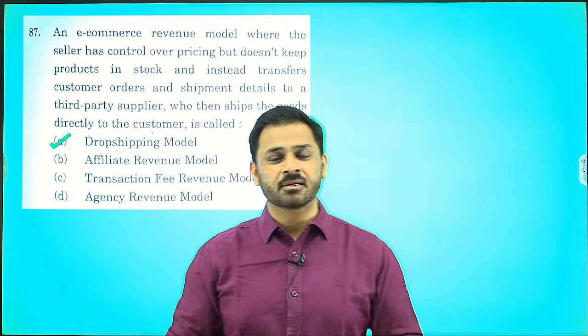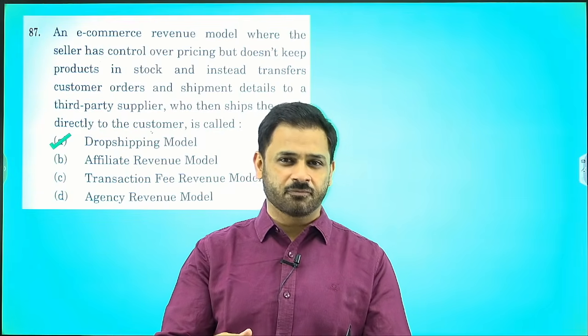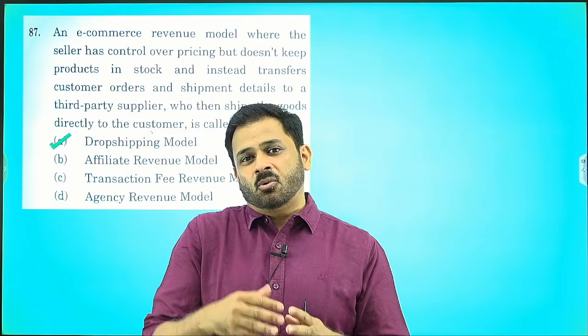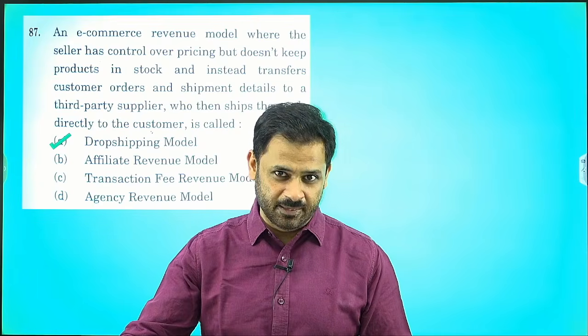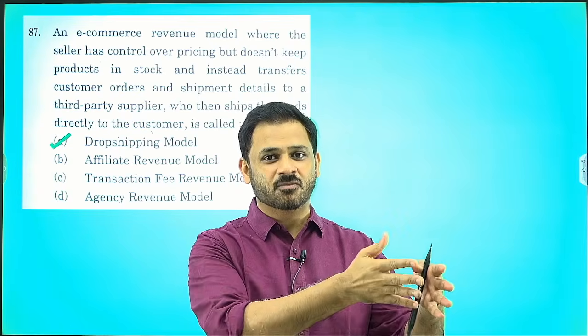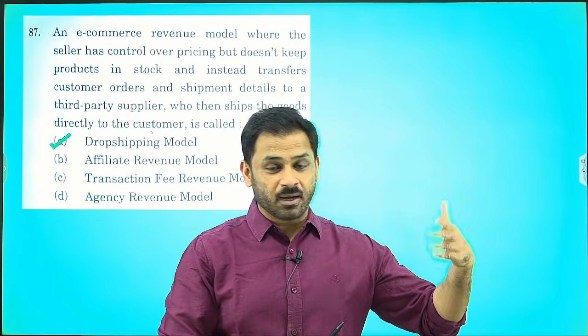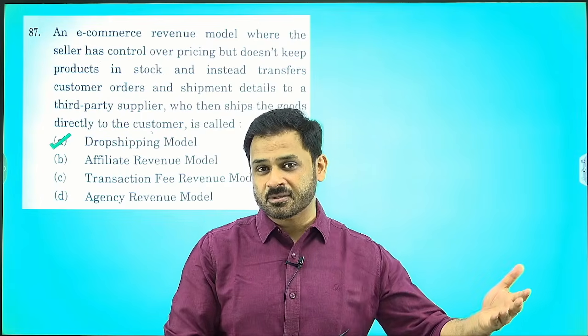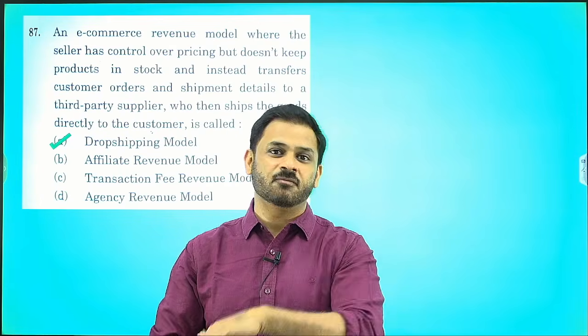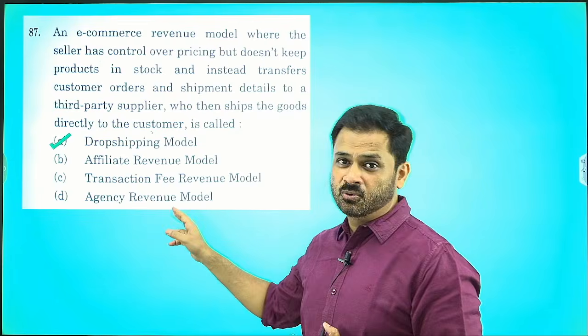For example, suppose you have ordered furniture from a particular portal. That furniture requires some assembly, which needs the specialized service of a carpenter. There may be a third party providing such a carpenter service, who can come and assemble that furniture. This is what we call the agency revenue model.